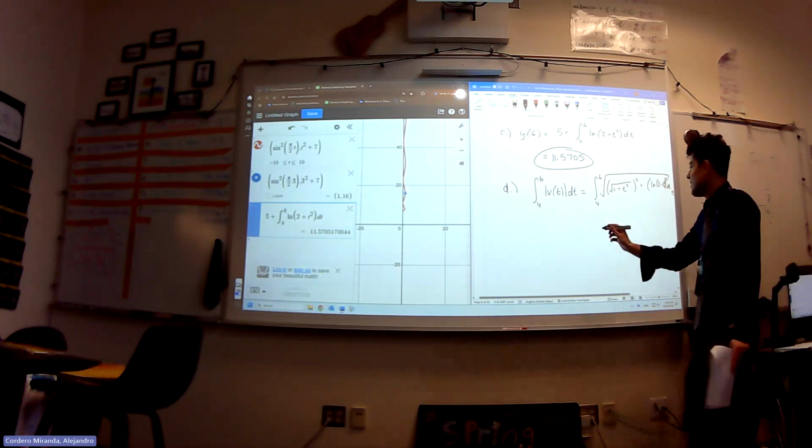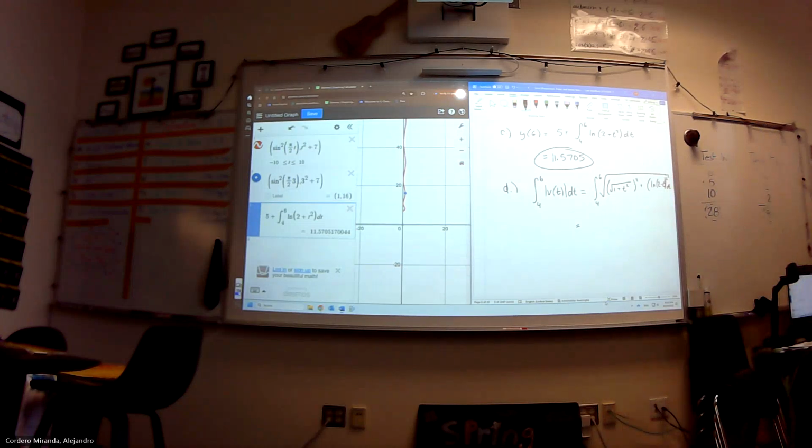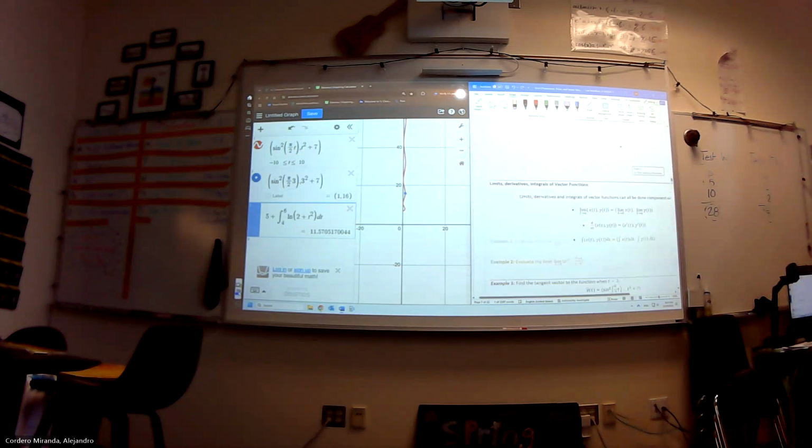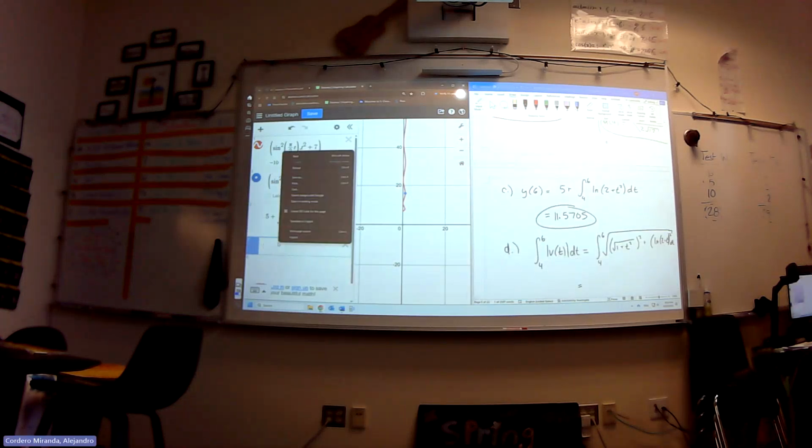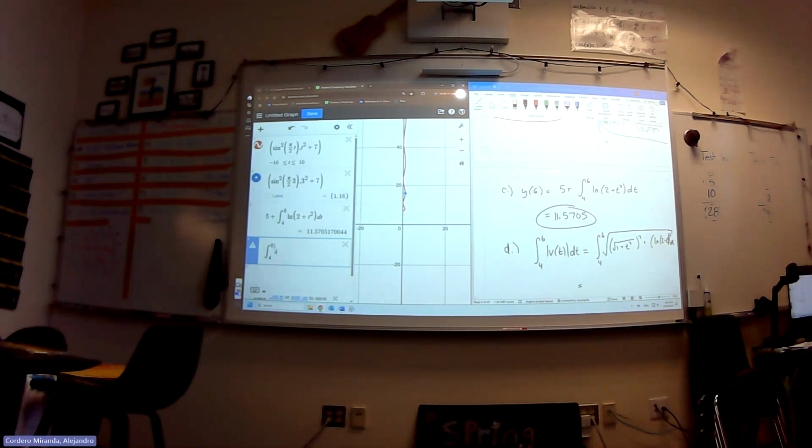Then if you put this into Desmos, or your calculator, the integral from 4 to 6 of the square root of this stuff squared plus that, you get 12.13.